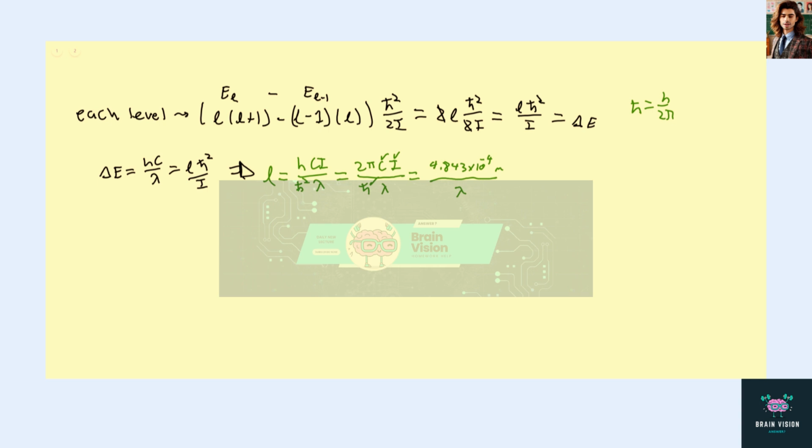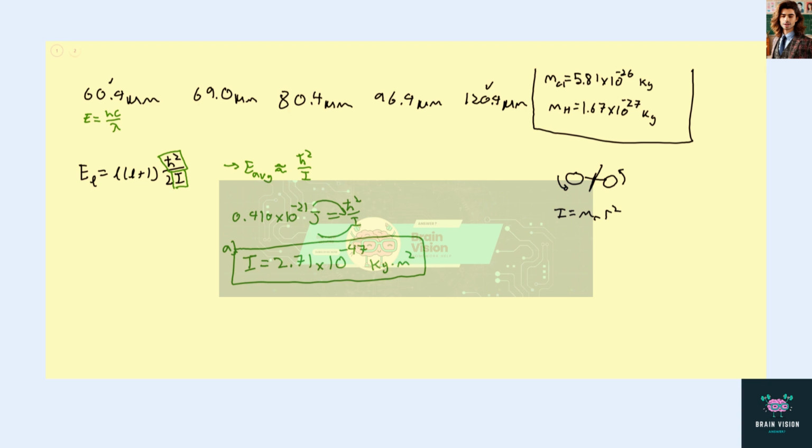And so finally, if we plug in the wavelength from the previous page into here, that will give us, to the nearest integer, since you have to round what your L's are, L equals 8, L equals 7, L equals 6, L equals 5, and finally L equals 4.